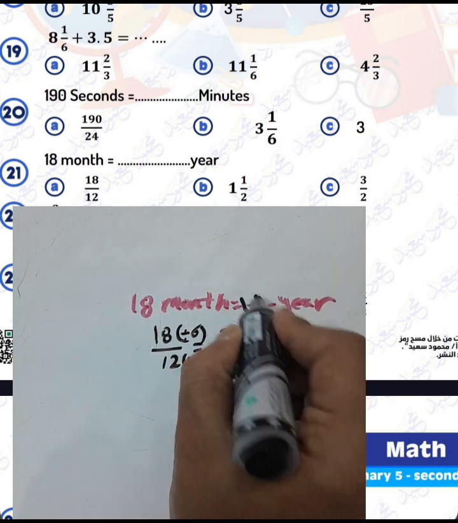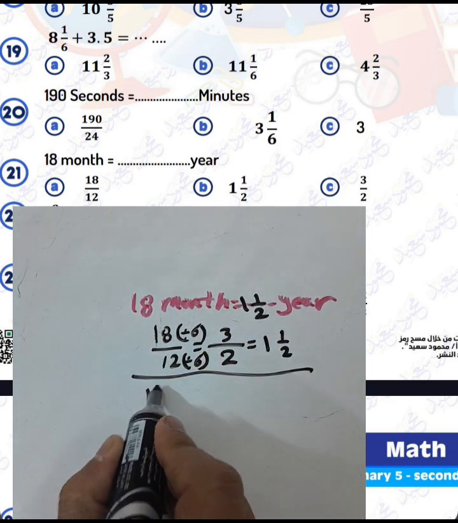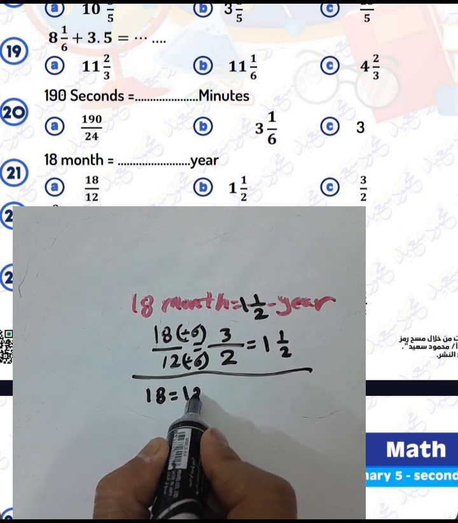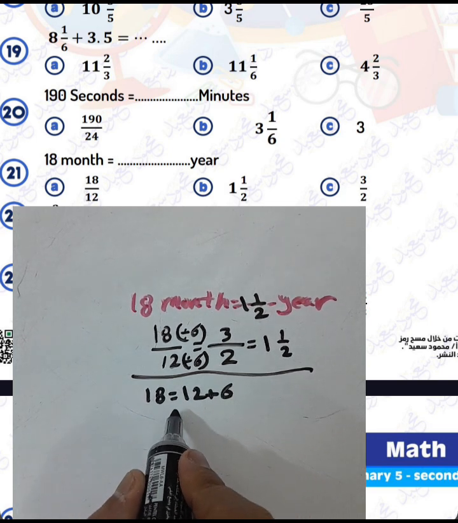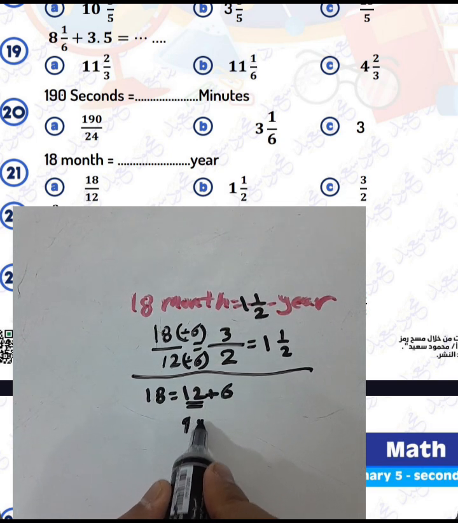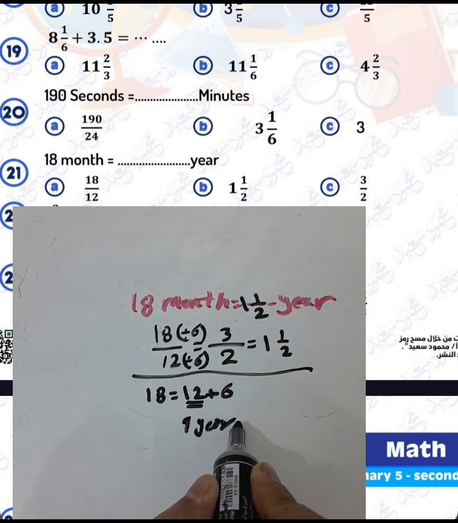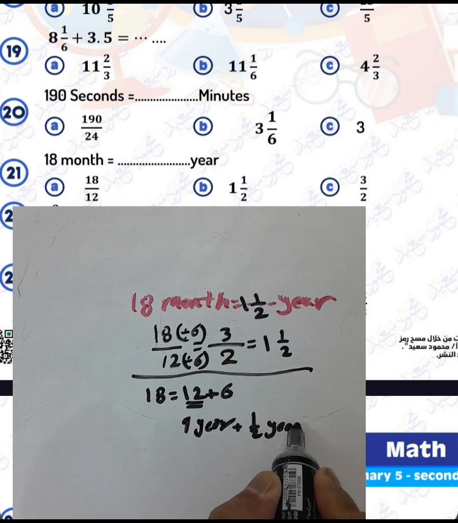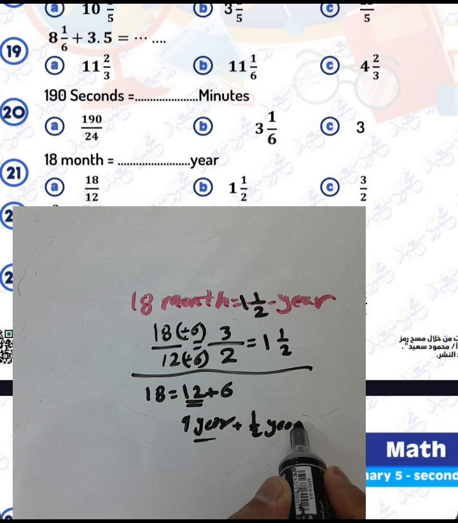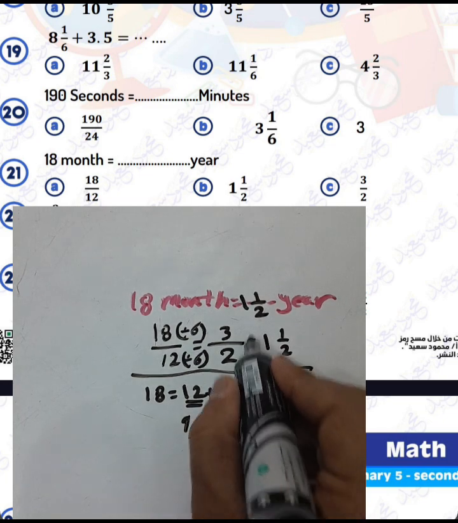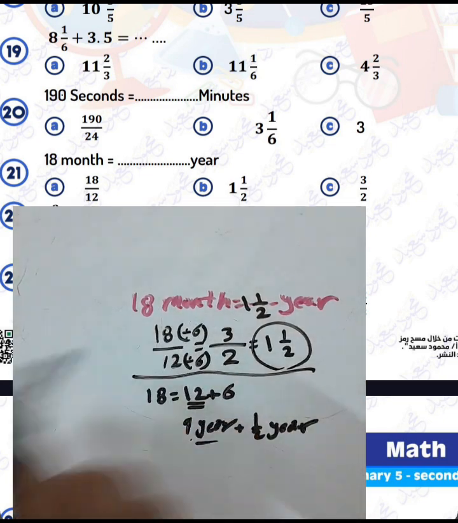Write 1 and half. Or you can write 18 equal 12 plus 6. 12 equal 1 year and 6 half of the year. We have 1 year and half year. 1 plus half it will be 1 and a half. You can solve by this method or this method as you like, okay?